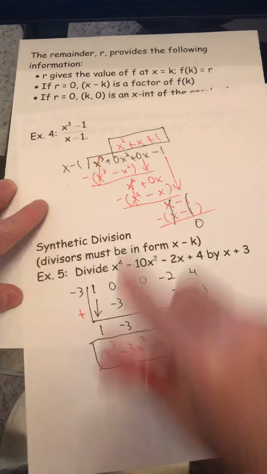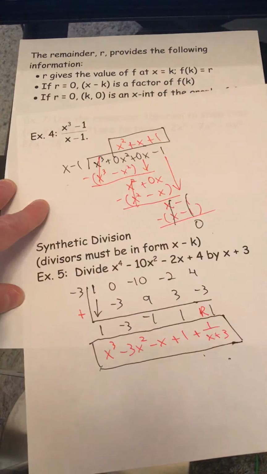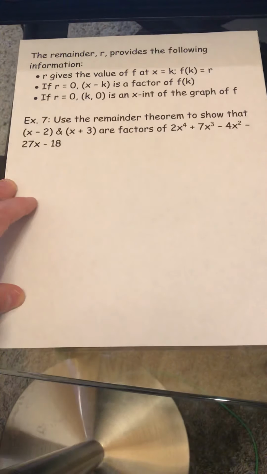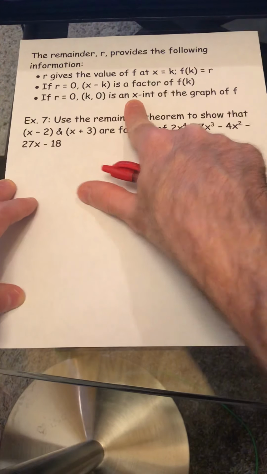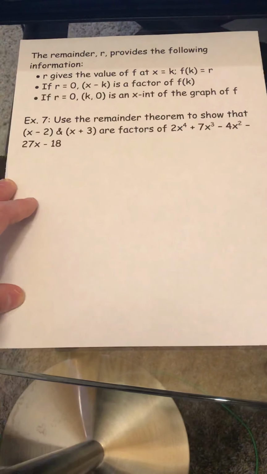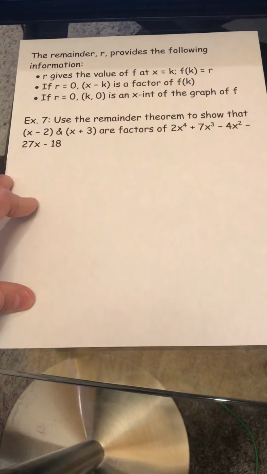As an example, here our remainder was 0. This was example 4. And then if the remainder is 0, k comma 0 is an x-intercept of the graph of f. So again, just a few different things that you get from the remainder.